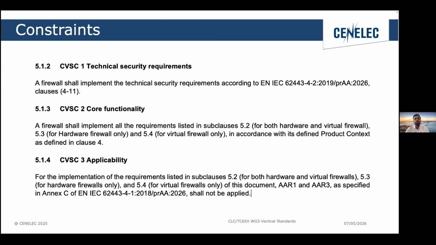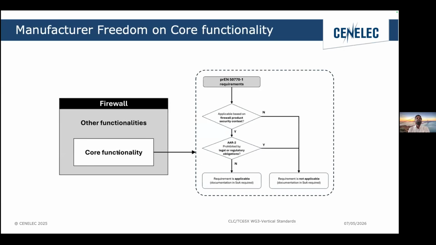As I told, if the product is placed in the public environment, choose this requirement. But there is no applicability criteria taken just by looking at the product, because it's already done at the standard development for the core functionality. So AR1, AR3 is not allowed for the manufacturer with respect to the core functionality.